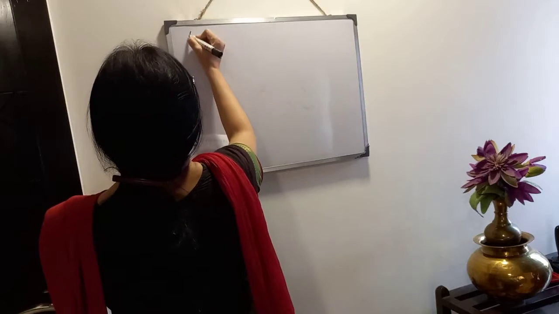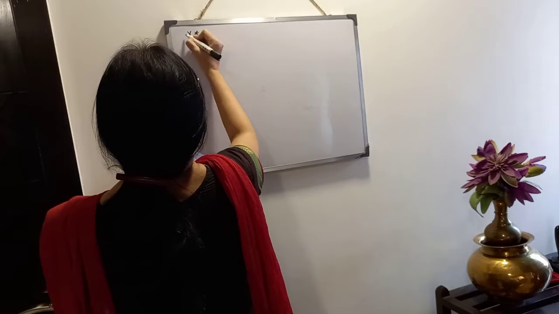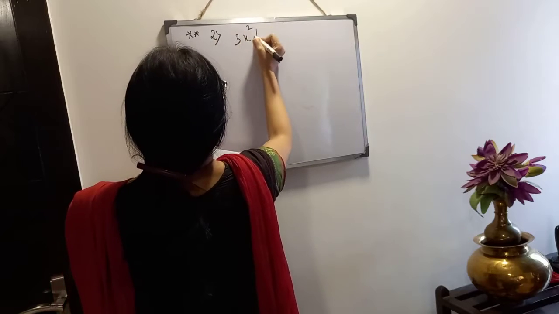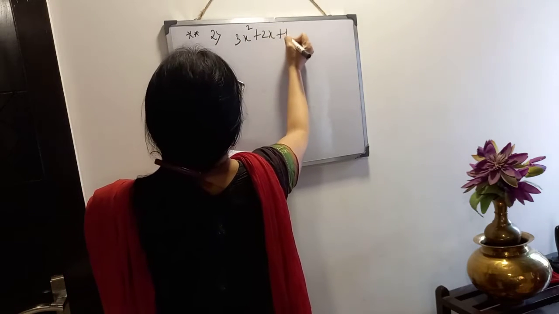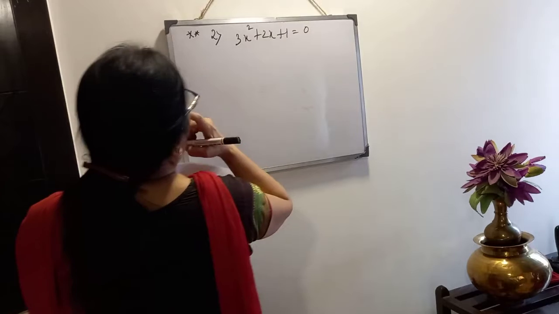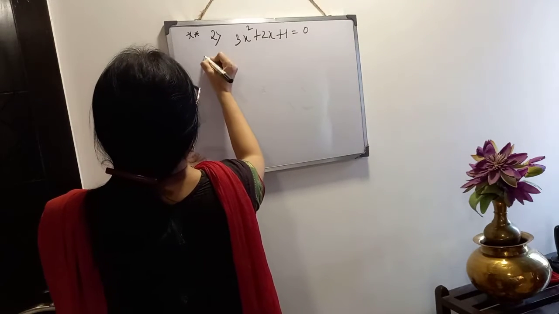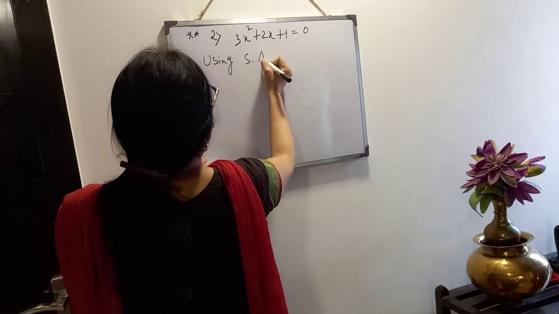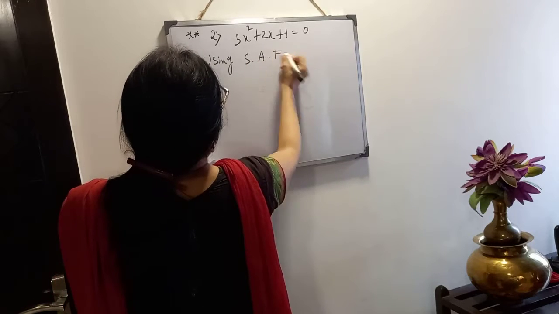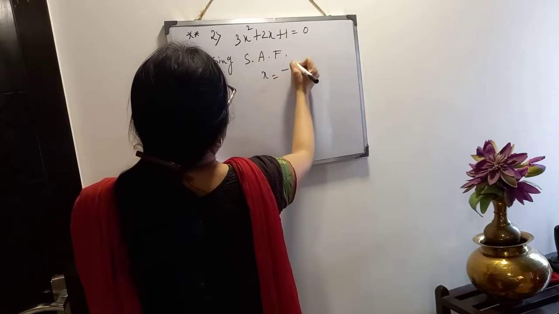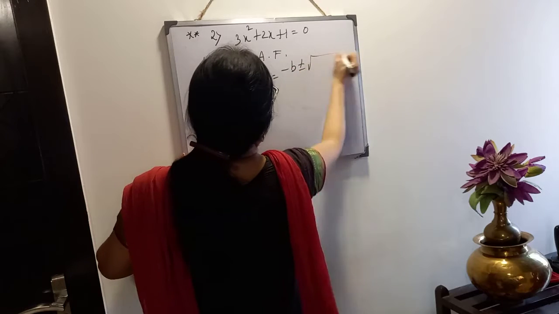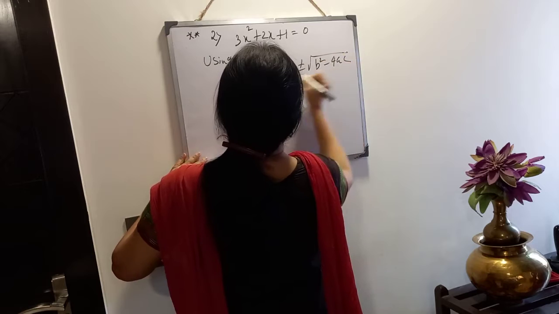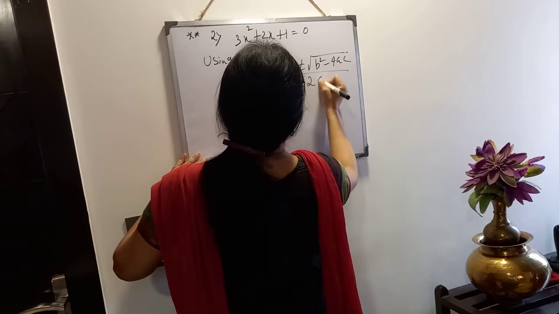This is, I am giving star mark. Why? You will see that 3x square plus 2x plus 1 equals to 0. Now, using Sridhar Acharya's formula, in short I am writing x equals to minus b plus minus root over b square minus 4ac by 2a.